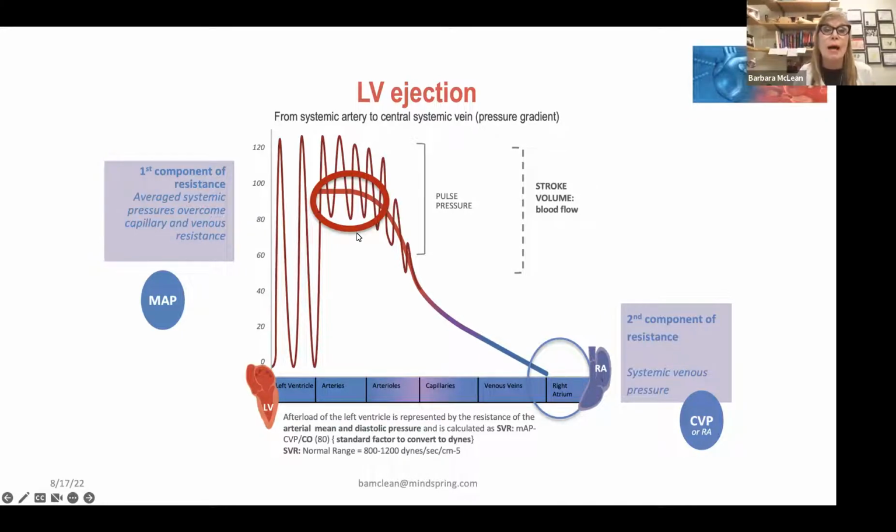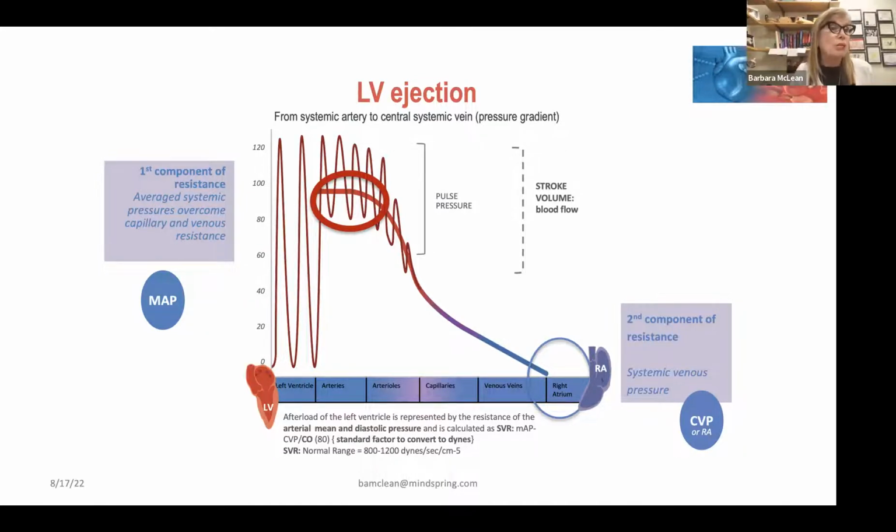So now I'm out in the systemic artery, and this dark red line here, that's showing you the mean. The mean pressure is what continuously drives that blood flow, push, push, push, into the capillaries where gas exchange takes place. And ultimately that mean pressure, that is what you're looking at on your monitor with arterial pressure, that is the pressure that is required to push that blood all the way back to the right atria.